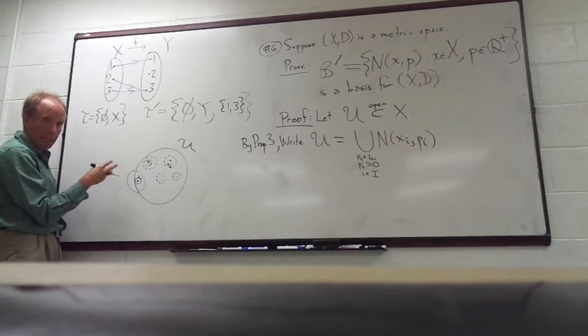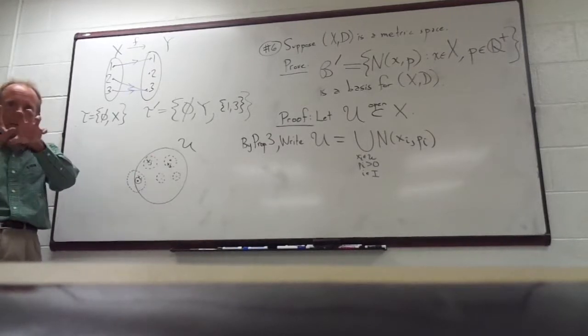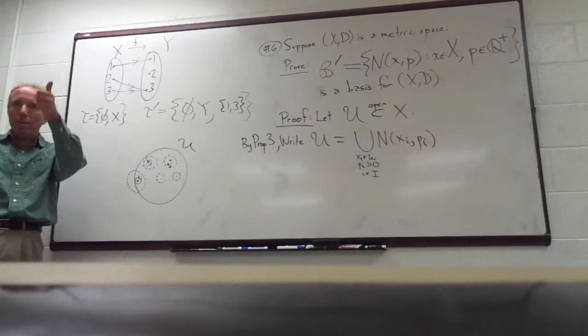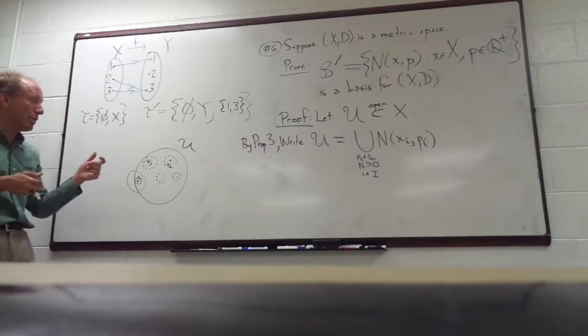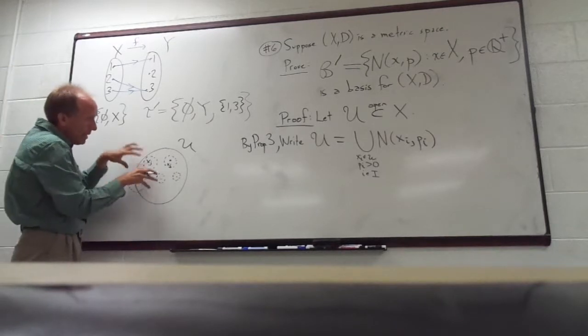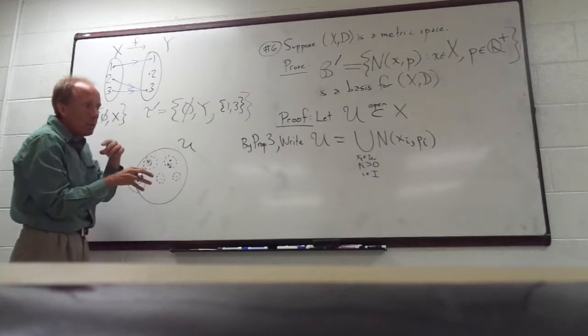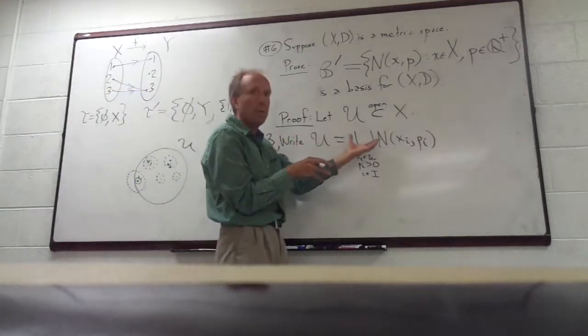No. Now you're still going to take a union of all these. So if you imagine making all these little circles a little bit bigger, going up to a rational number that's larger than whatever the radius was that you started with, is that going to work? Or am I going to run into a problem with this union?